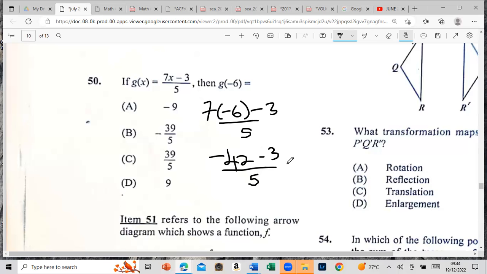Both of them are negative, so we add them and get negative 45 divided by 5. How many times can 5 go into that? 9. Since it's a negative divided by a positive, that's negative. The only time we get a positive is when the signs are the same, like two negatives. So this is negative 9.